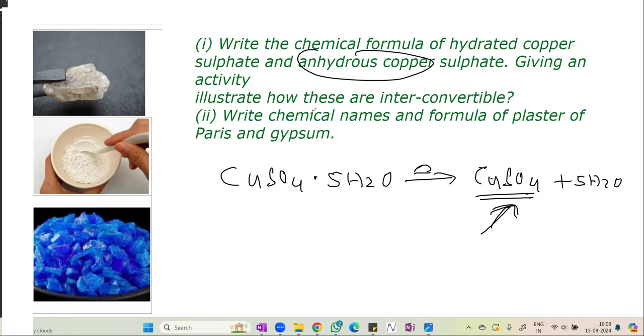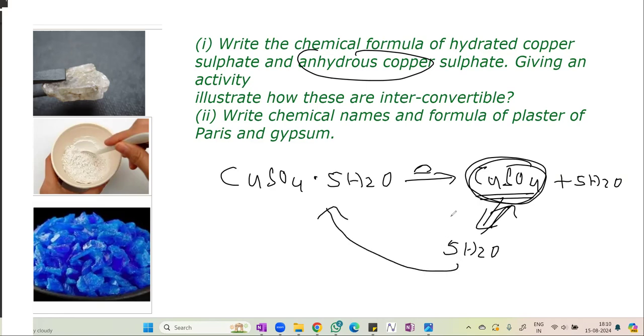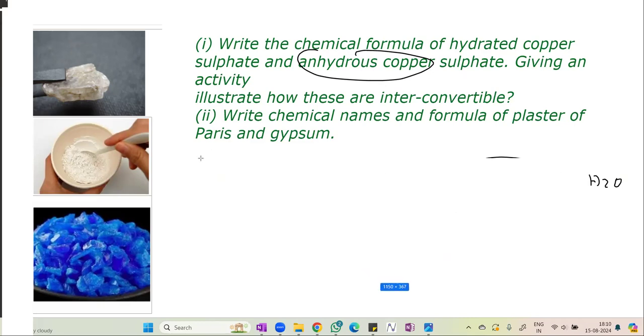Now, the activity where they are interconvertible: when you heat copper sulfate crystals, they lose water of crystallization. But when anhydrous copper sulfate is exposed to water, it absorbs the same 5 water molecules and becomes hydrated.